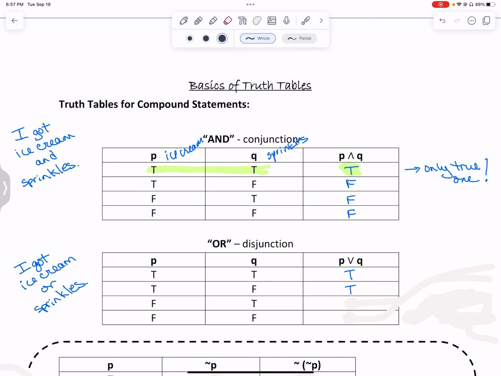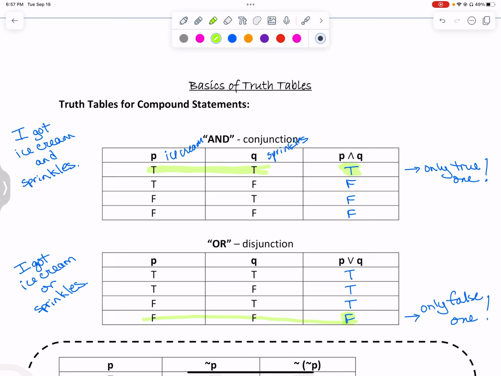If I did not get ice cream but did get sprinkles, that's going to be true. So the only one that's false is if I didn't get either. If I didn't get ice cream and I didn't get sprinkles, then it's false that I got ice cream or sprinkles. In this case, you only have one false, and that's when they're both false.